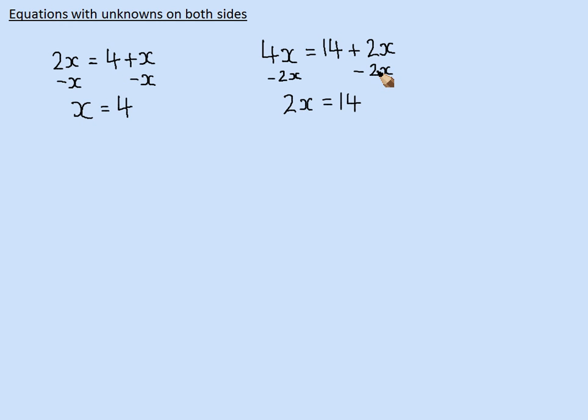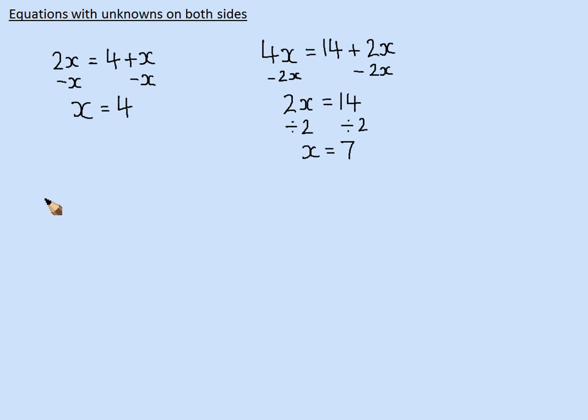The 2x minus 2x has disappeared, that's 0. Now 2 lots of x is 14, so 2 times the number we don't know is 14. The opposite of times is divide, so I'm going to divide both sides of that equation by 2 to give me x equals 7.